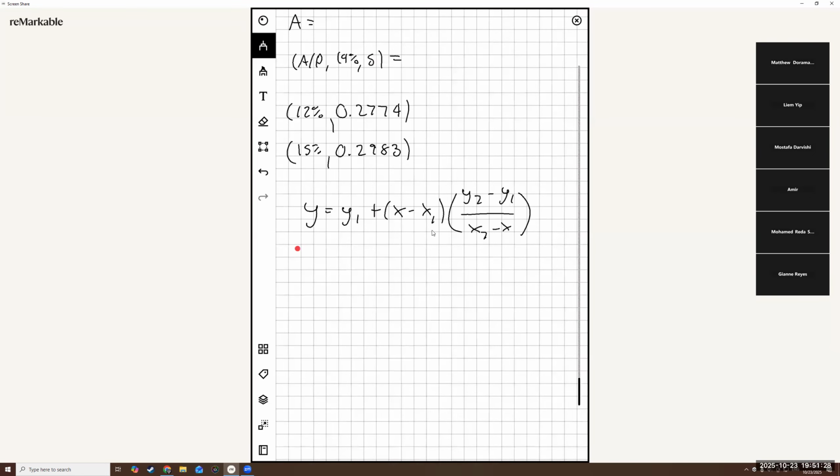So the y value here, which will be for 14%, will be the y value for the first set, which is 0.2774, plus the x for which we're looking, which is 14, minus the x value of y1, which is 12. And then this fraction is y2, our larger y value, 0.2983 minus 0.2774 over 15 minus 12.